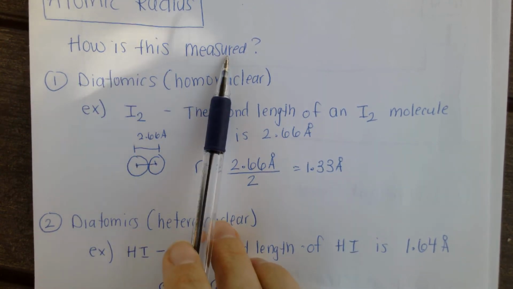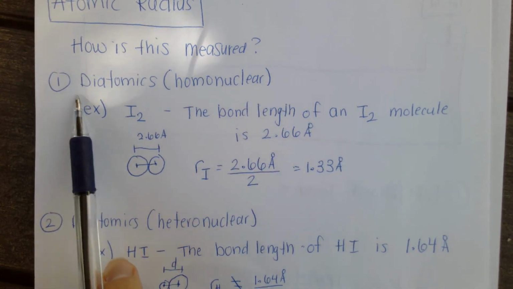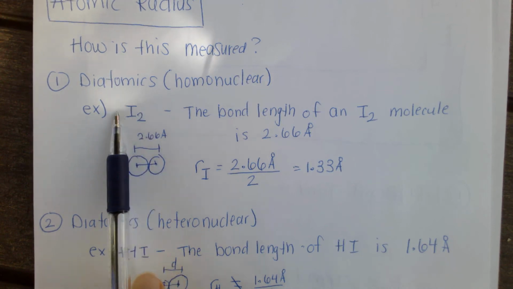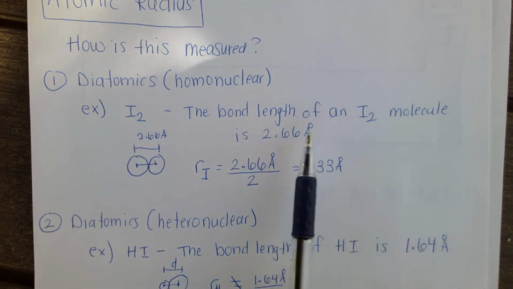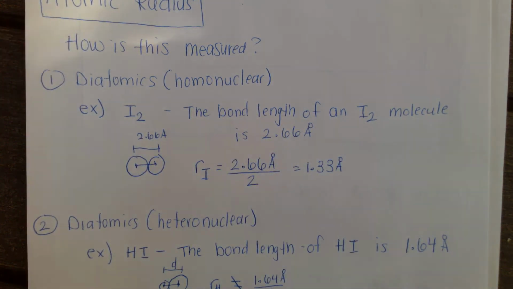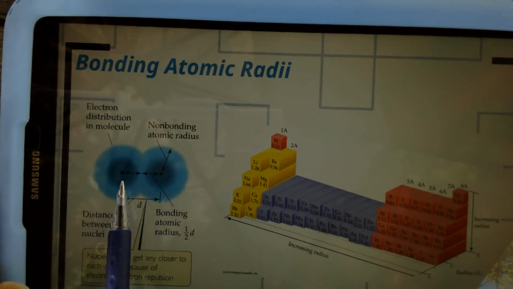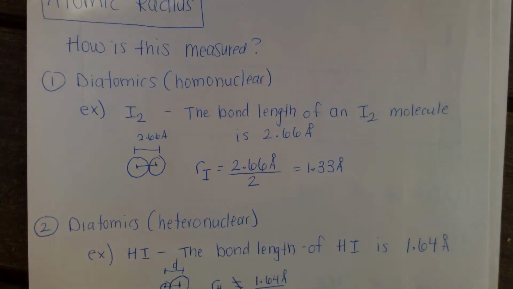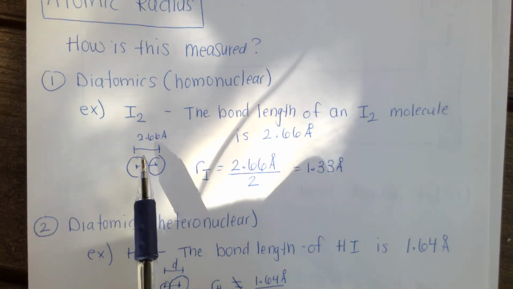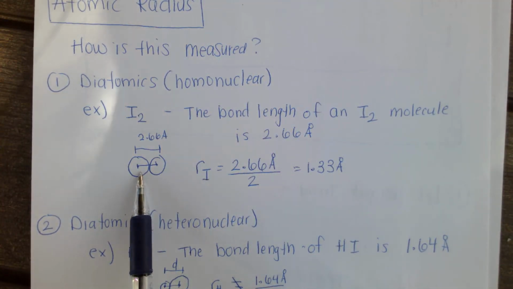Okay, so how is this measured? The first step is to measure our diatomics. For example, I2. The bond length of I2 is 2.66. So again, the distance from nucleus to nucleus is 2.66. That's what I have here, my terrible drawing.